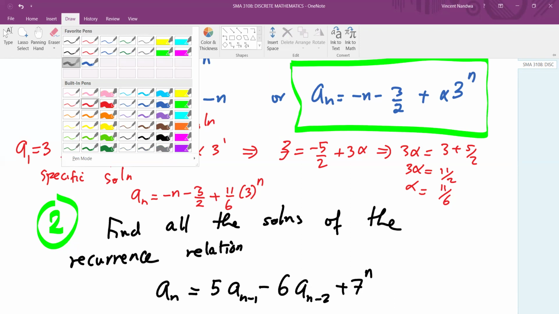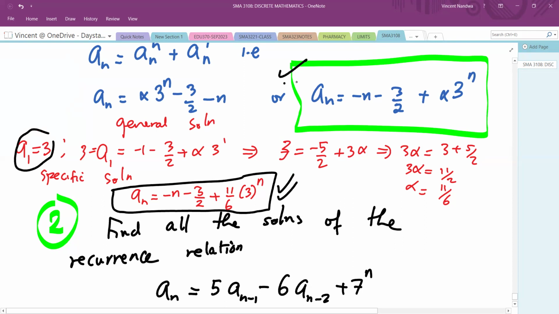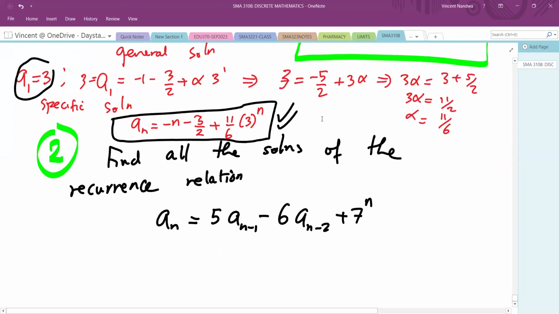And so for this case, the specific solution with a_1 equals 3 is given by this solution. If you are not given this condition, then we will stop at this point. So for this other problem, we don't have another condition given on the recurrence relation, so what we'll obtain will be just the general solution.